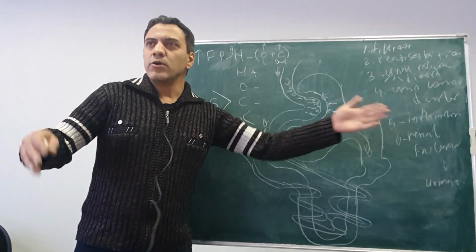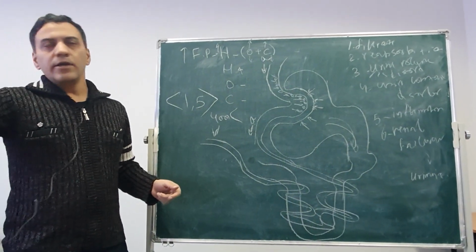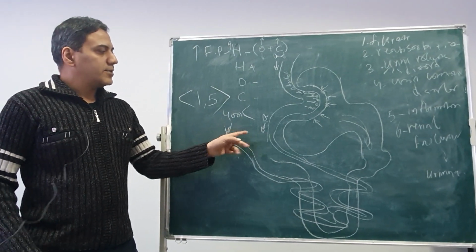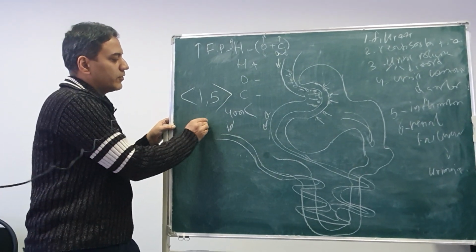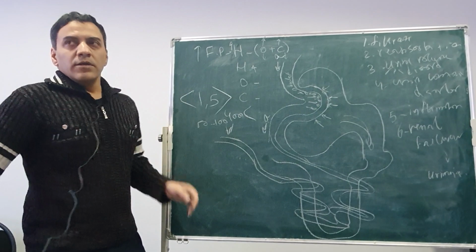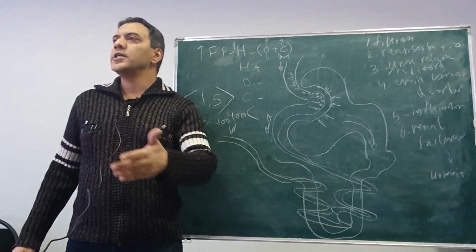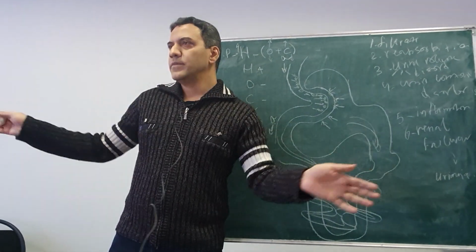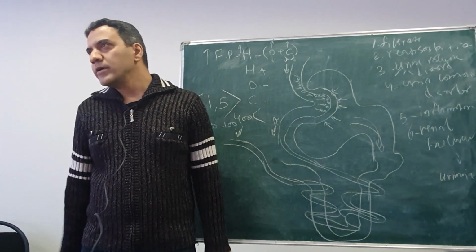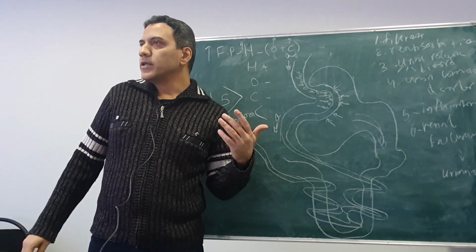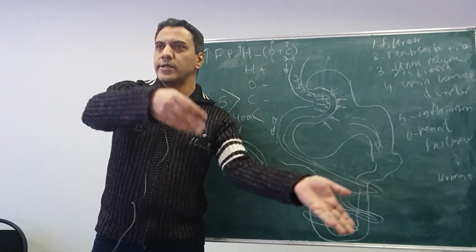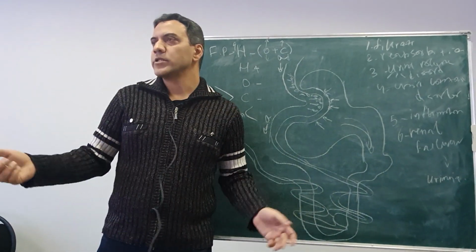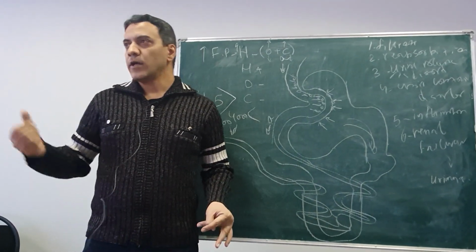So polyuria, oliguria, last one, anuria. Anuria is when we have less than 400, it could be 50 or 100. It means that the kidney is already not working, out of order. In some cases of renal failure, the last stage of chronic renal failure, for example, or the first stage of acute renal failure.